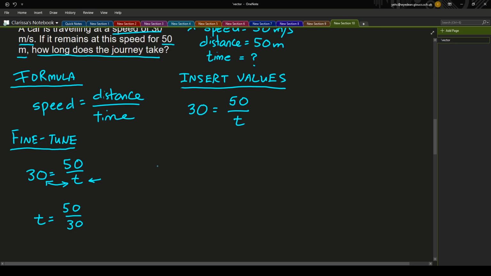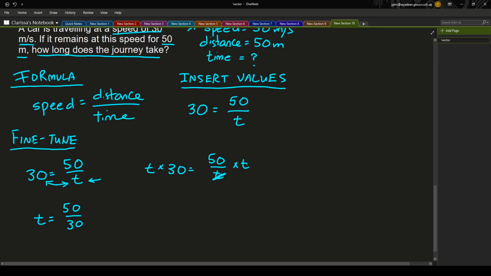Let me just re-explain why that works the long way. So 30 equals 50 over t. I want to bring t to the top. The way I do that is by timesing both sides by t. So now it's at the top here. It's no longer a denominator.